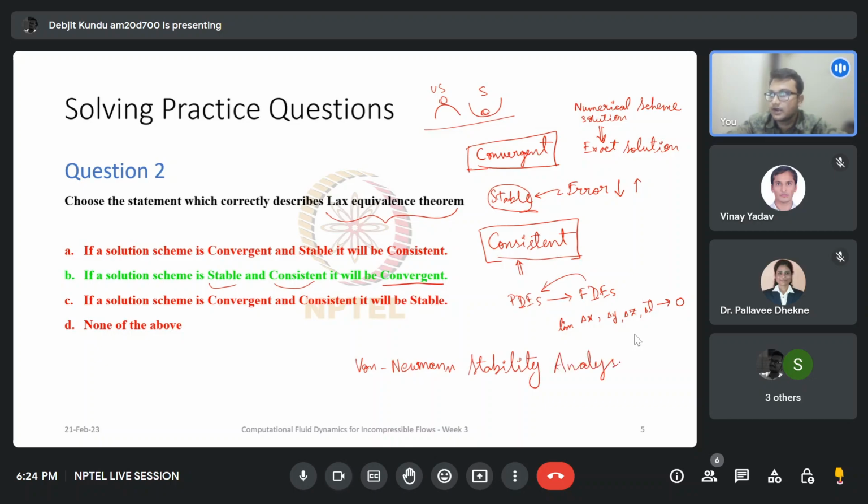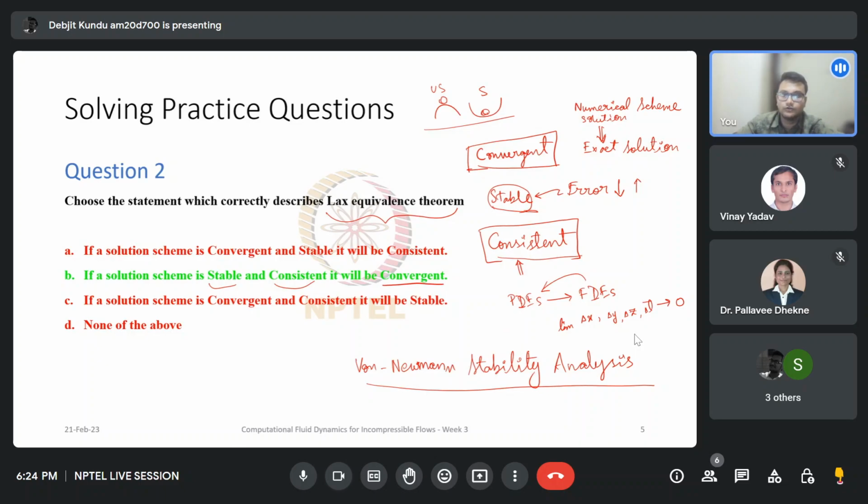This we will learn during the future lectures. But this is an analysis which we can do beforehand and then tell that this scheme is stable or this scheme is unstable, or some schemes are unconditionally stable and some conditionally stable. There could be some very specific range of values where they are stable and other regions where they are unstable. These are details which we will look into later.